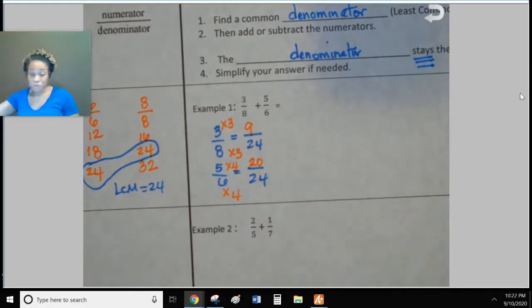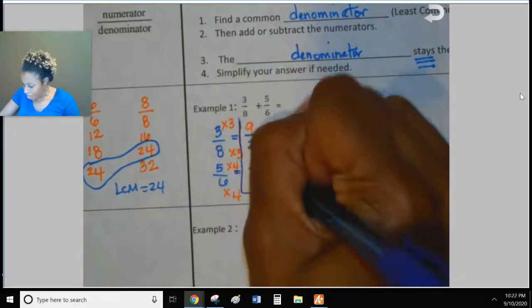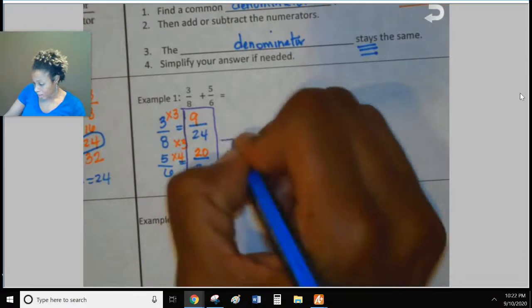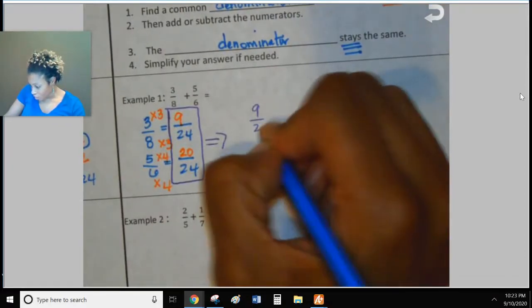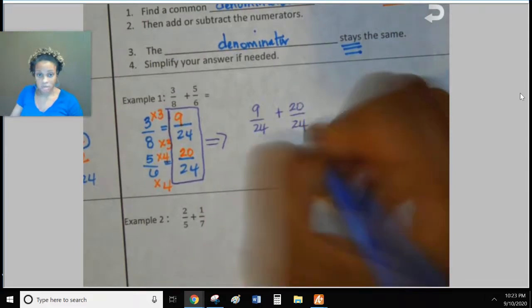Now I have 2 new fractions that I can work with because they both have denominators of 24. So now my problem, I'm going to rewrite it, is 9/24 plus 20/24.